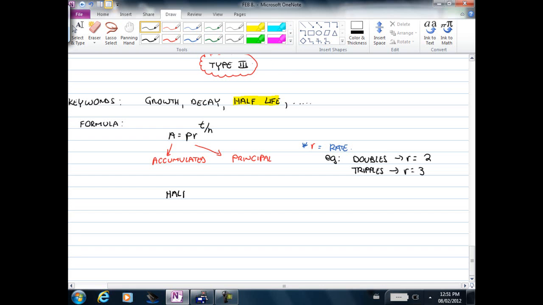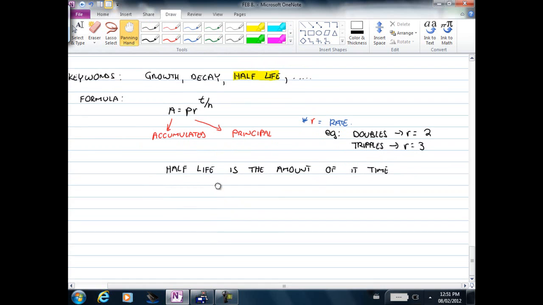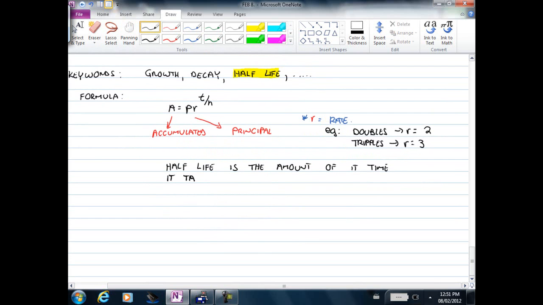Half-life is the amount of time it takes something to decay to 50% of its original value.